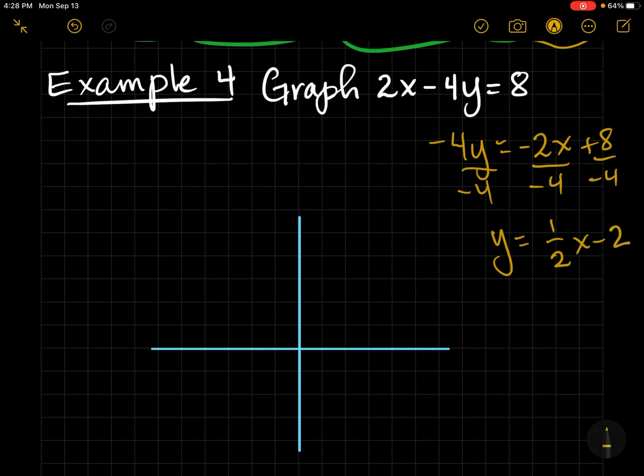This is definitely one way to do it, where we start with -2 and go up 1 over 2, up 1 over 2. You most definitely can graph this line that way. Okay? But I'd like to show you another way.